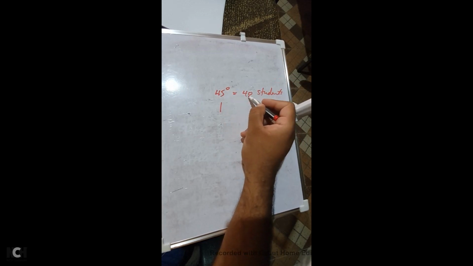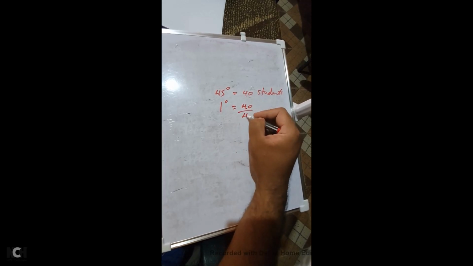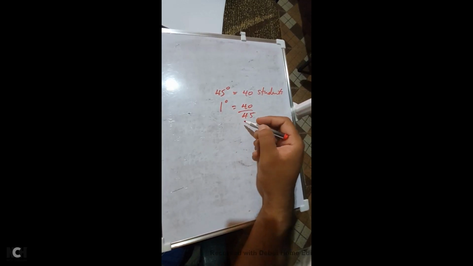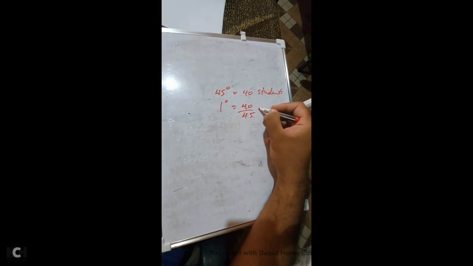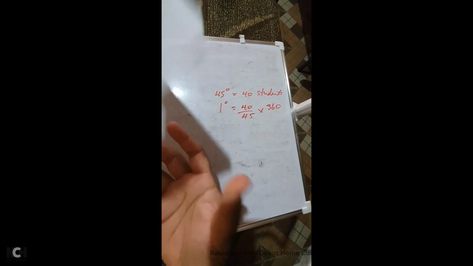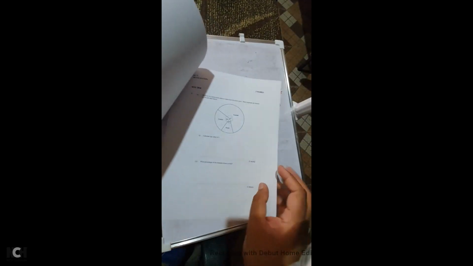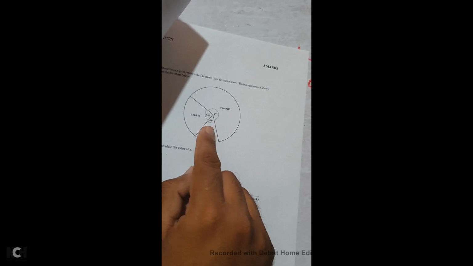So 45 degrees represents 40 students. So 1 degree would be 40 divided by 45, and whatever this is, we multiply it by 360. Because again, remember, it's saying here that, let me zoom up, 40 students are represented by this 45 degrees here.